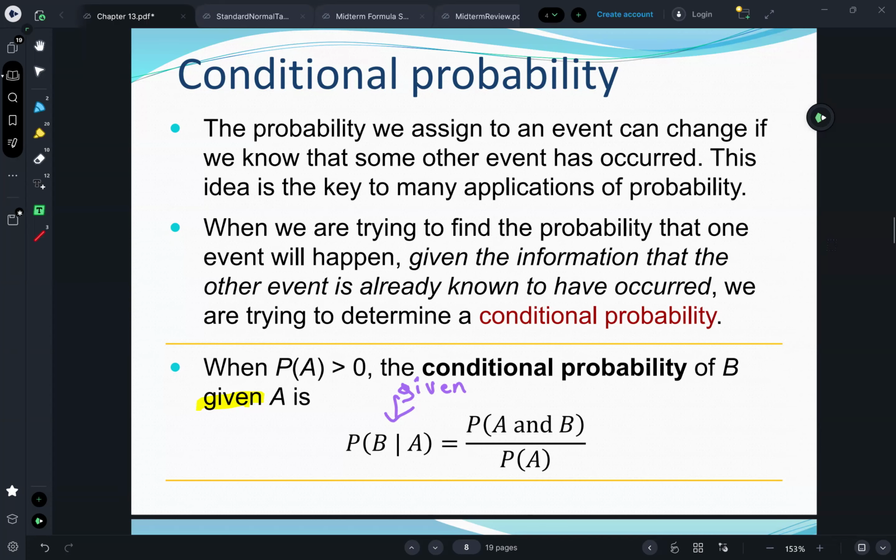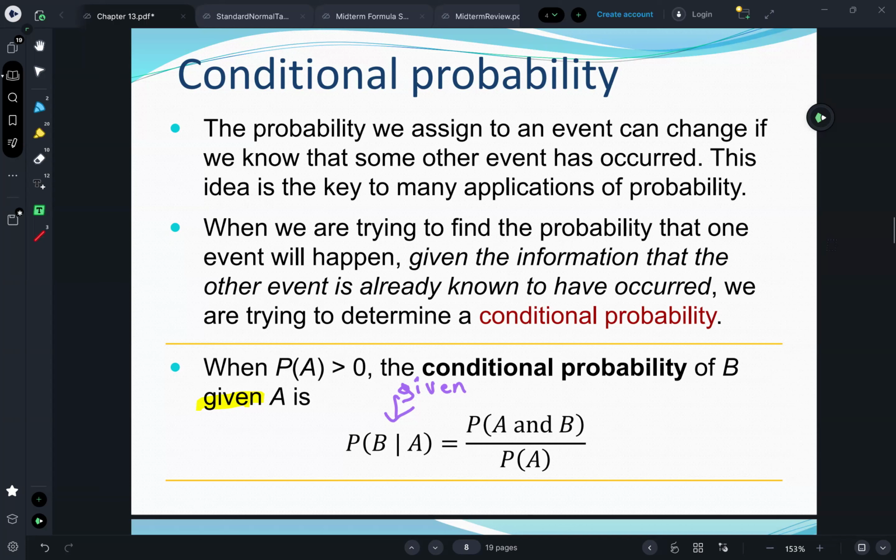So for the probability it will rain today given dark clouds in the sky, we take the probability of rain and dark clouds, and divide out the probability of the dark clouds because we know that is occurring. Everything past the given means that event is already known to have occurred.